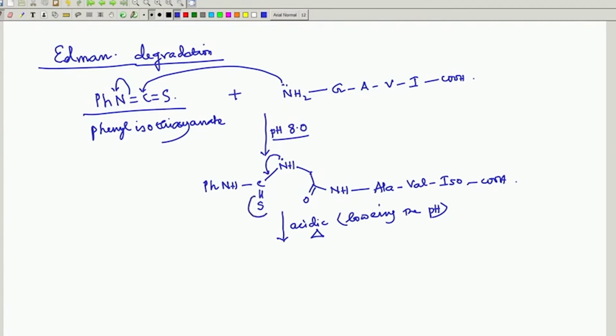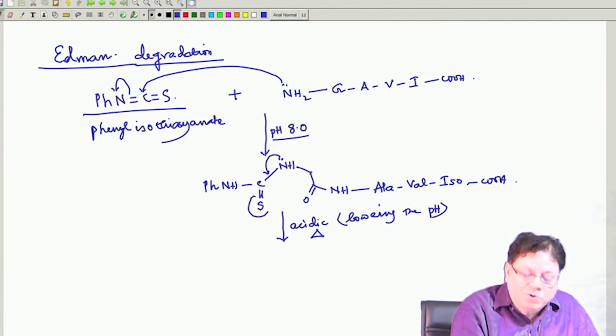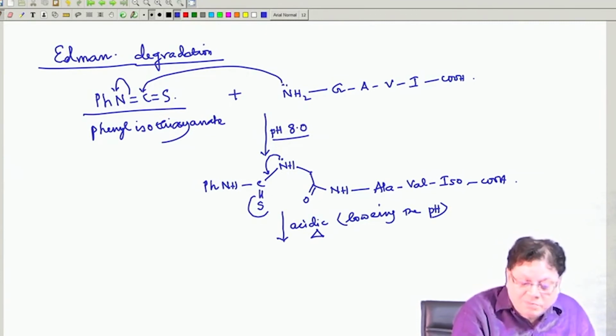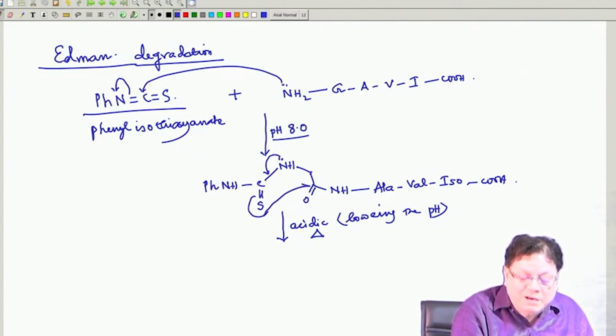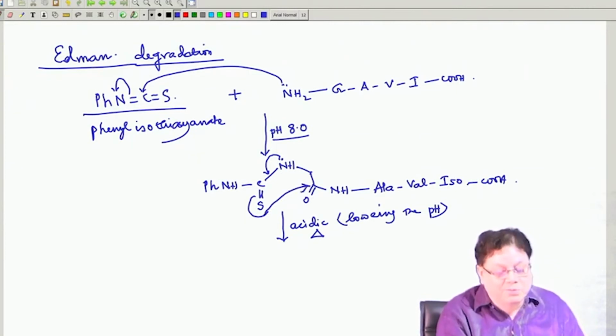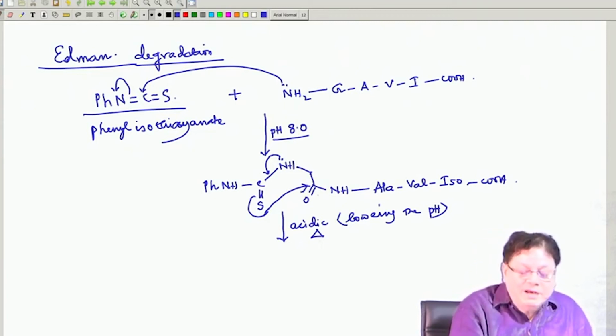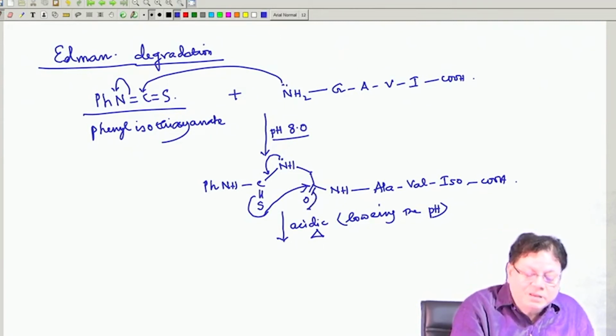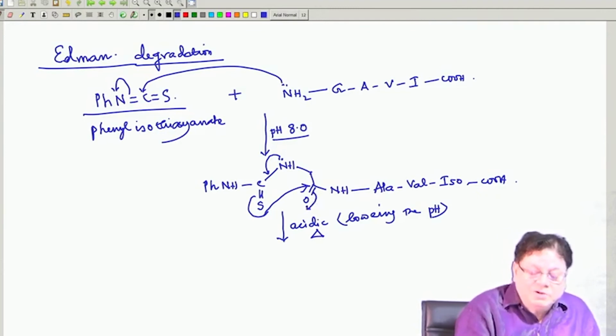The nitrogen lone pair flies here, the sulfur becomes more negative, and you know that sulfur is a very good nucleophile, because it is less electronegative compared to nitrogen or oxygen. So, now it comes and intramolecularly attacks this carbonyl. So, this carbonyl then withdraws the electron towards itself.